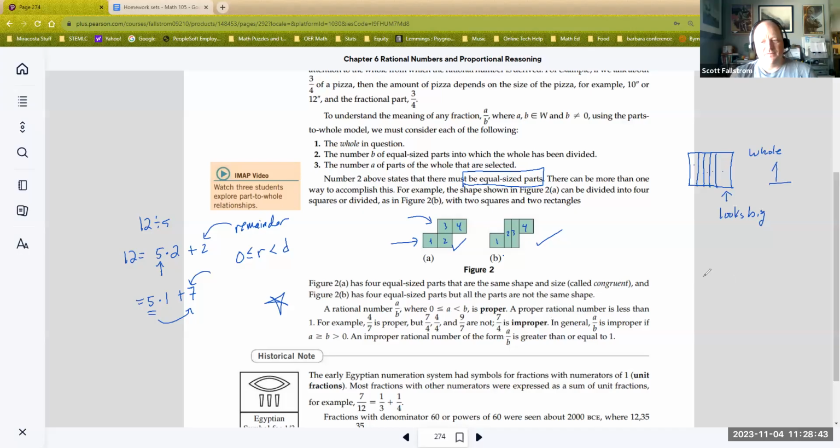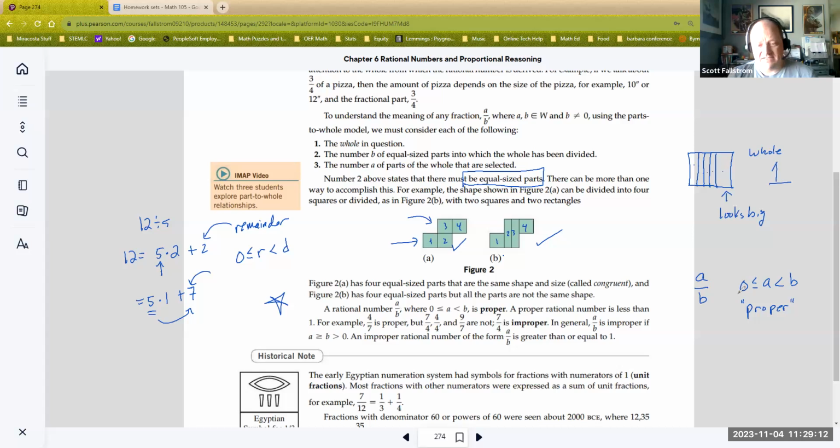So when you write a fraction out, a over b, we say if a is less than b, look, it's the same inequality, right? Then we would say the fraction is proper. Now, what we're really just saying with that is that the value of the fraction is less than 1.